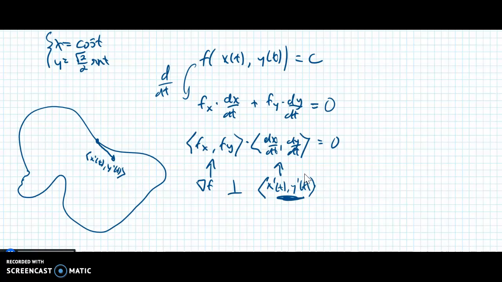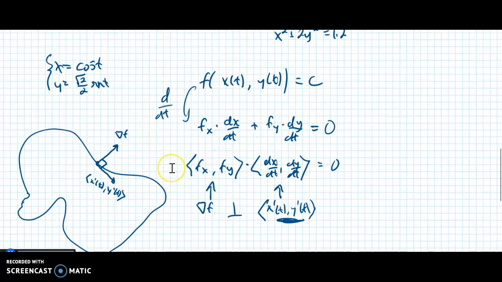And then del f, well, it's got to be perpendicular to that piece, right? So what's that mean? It comes out like this, right? So that is perpendicular like that. But as I move this piece around, this prime vector is going to maintain its tangent nature. And since del f is perpendicular to that thing, then del f will always be perpendicular to the level curve.